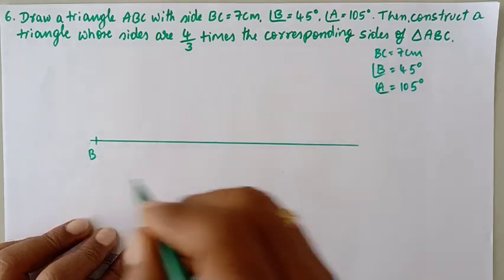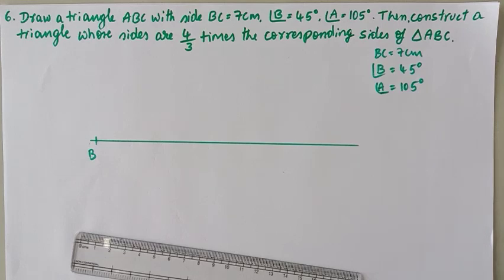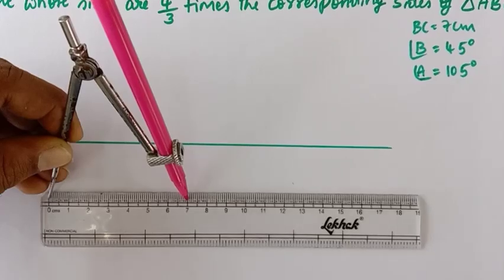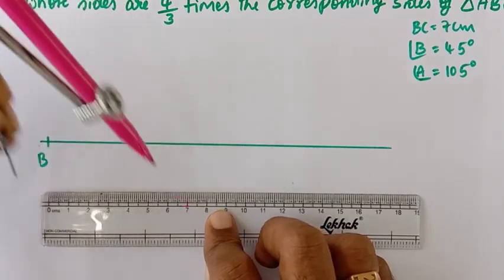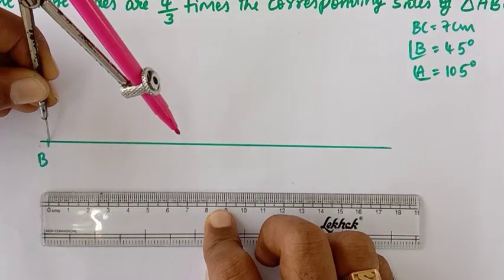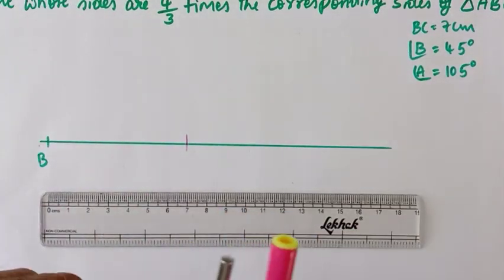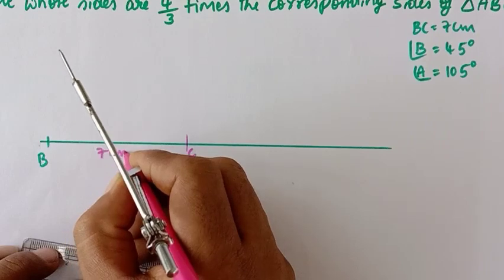So BC is there. We will adjust it to 7 centimeter. As usual, we have adjusted to 7 centimeter, and I will place this at B and cut an arc here, and this is called C, and this is 7 centimeter.